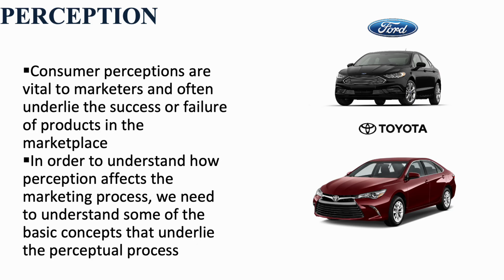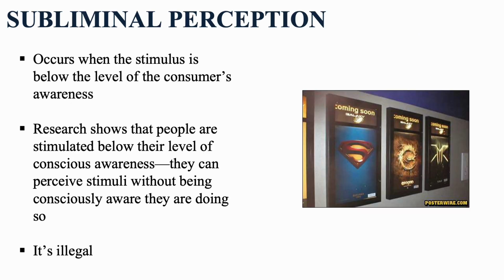On the other hand, people might know someone who's had a Toyota for 30 years, and so their perception is different. In order to understand how perception affects the marketplace, we need to understand some basic concepts that underlie the perceptual process. We'll begin to talk about those in a few slides. I'll have a think break on the next slide, something for you to think about.